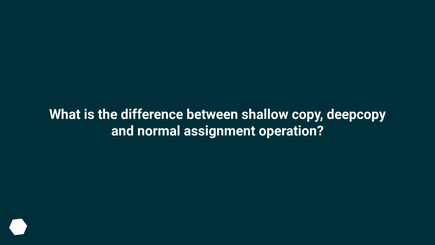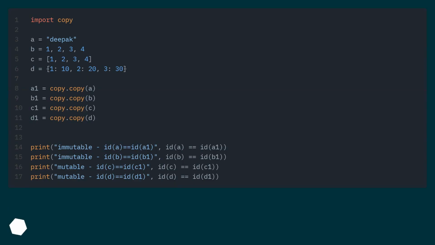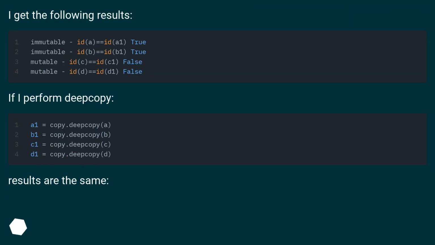What is the difference between shallow copy, deep copy, and normal assignment operation? I get the following results.